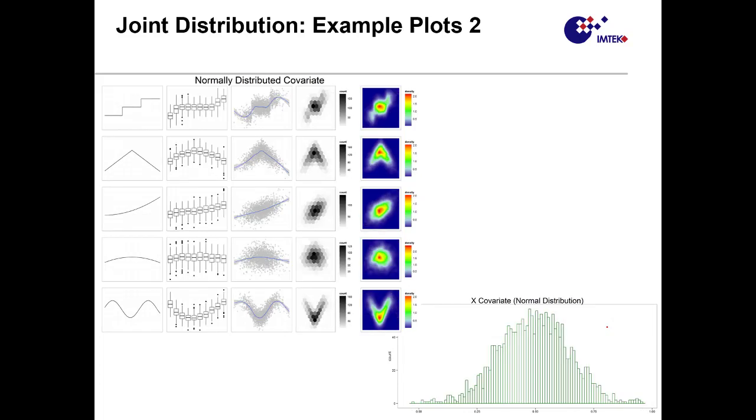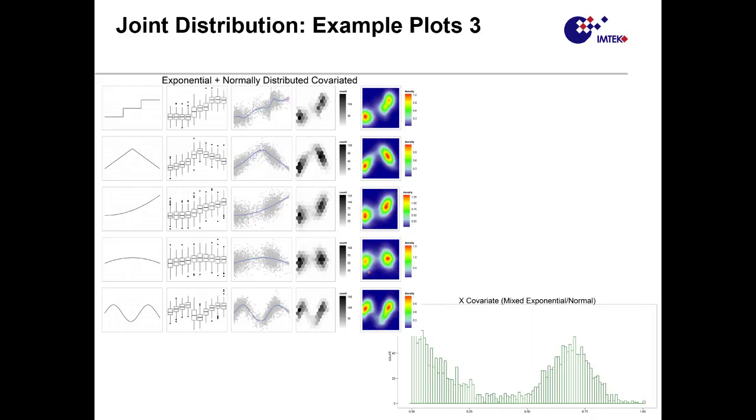You can have also normally distributed, where the points are more concentrated in the middle. You can see that in this heat map here. And you can also have, for example, other kinds of bimodal distribution, and then you will see that the points are spread more on one side.